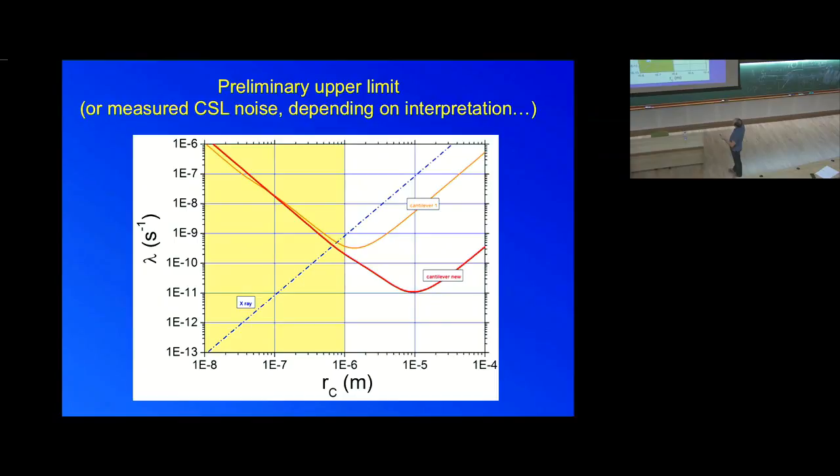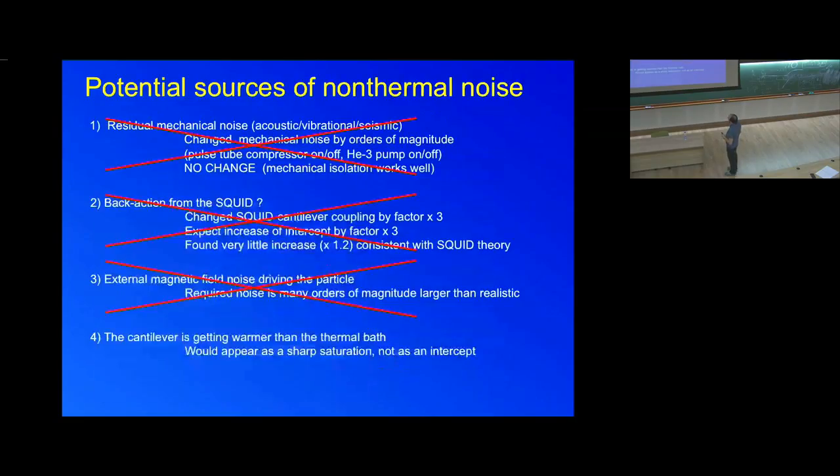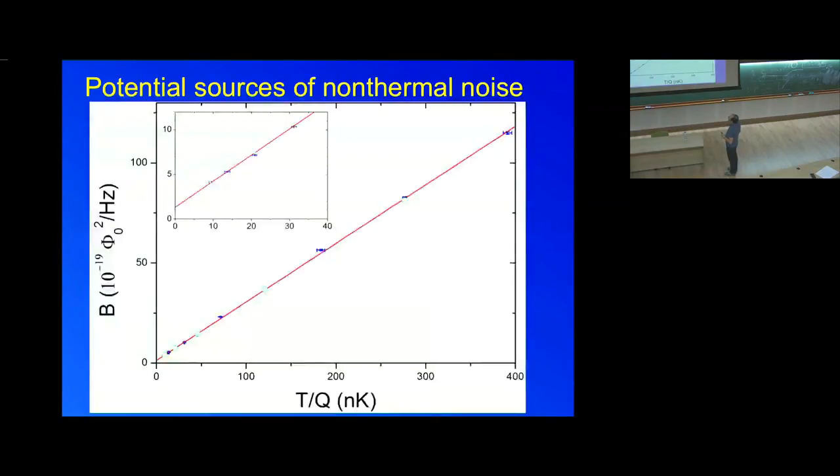Then the maximum you can do is to draw this curve. Assuming this, the best limit I can set with this experiment is this, since this excess noise is limiting my capability of bounding CSL.